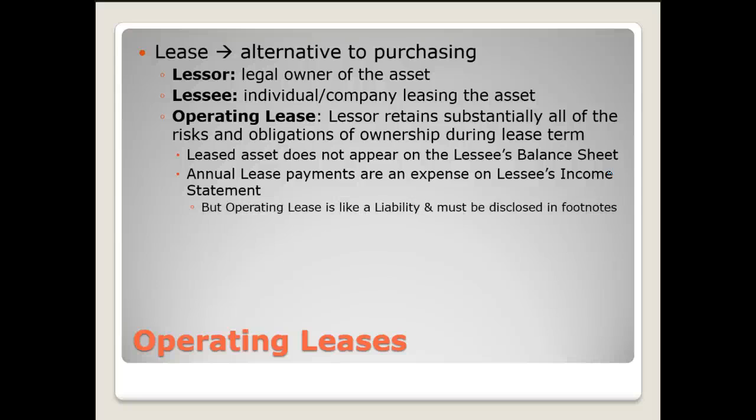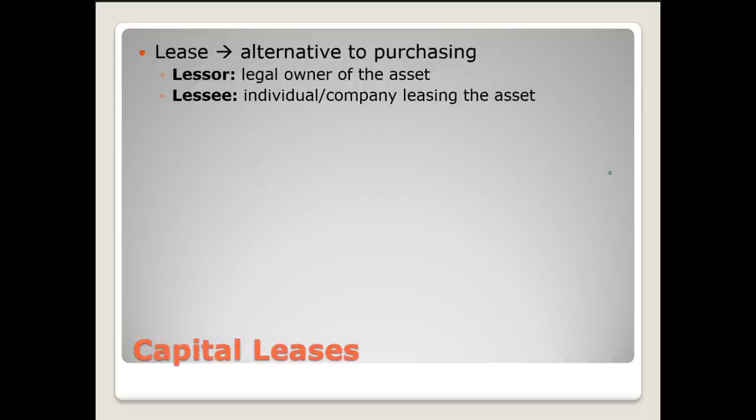However, because most individuals and companies are aware that operating leases are binding contracts and they are a lot like having a liability, even though the asset and the liability do not show up on the lessee's balance sheet, the information on the operating lease must be disclosed in the footnotes on the company's annual statements.